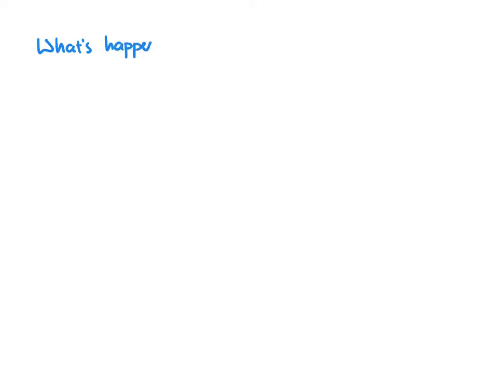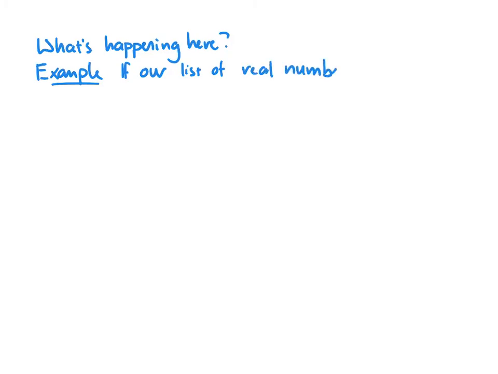What's happening here is a reasonable question. So here's the example. Let's say our list of real numbers has this form. The first number is 82.4373.